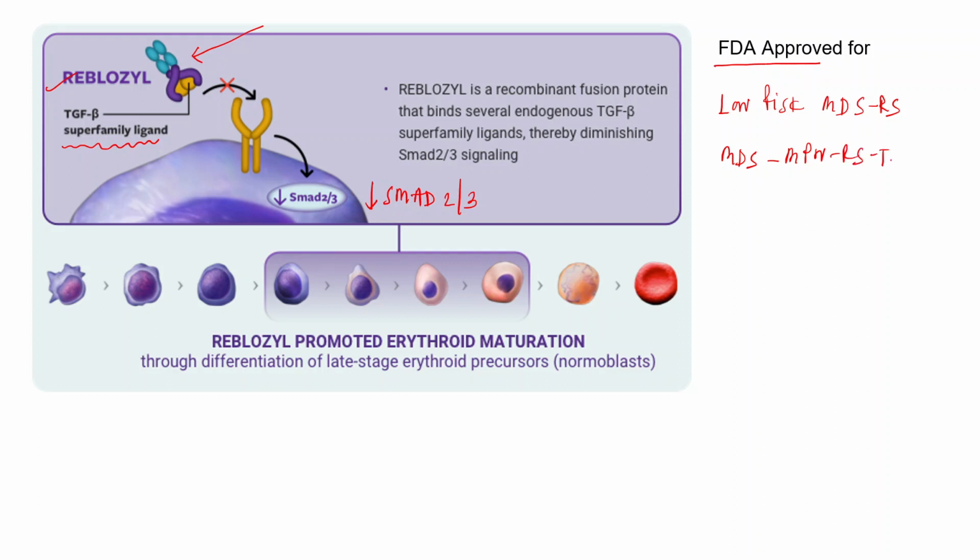So it is approved for low risk MDS, but this MDS would have ring sideroblasts. This also has a specific indication, like in lenalidomide I told, low risk MDS with 5q deletion. This is for low risk MDS with ring sideroblasts. And also MDS/MPN overlap syndrome, that is MDS/MPN with ring sideroblasts and thrombocytosis. For that also this is approved.